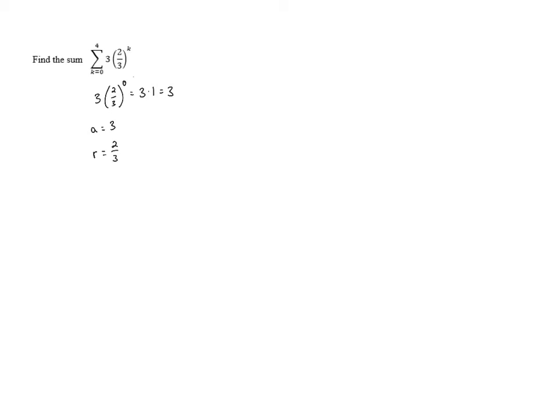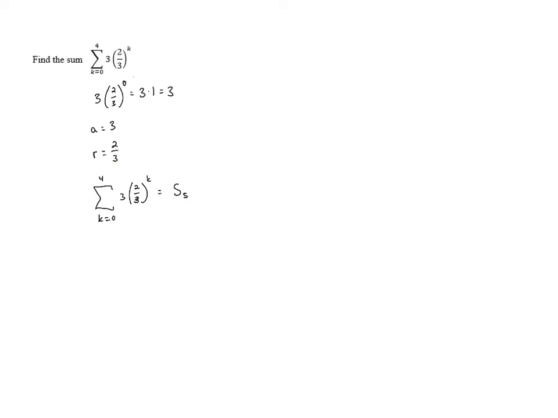And if we look at the sum that we're given, the sum of 3 times 2/3 to the k power as k ranges from 0 to 4, this is actually the fifth partial sum of a geometric sequence with first term 3 and common ratio 2/3.